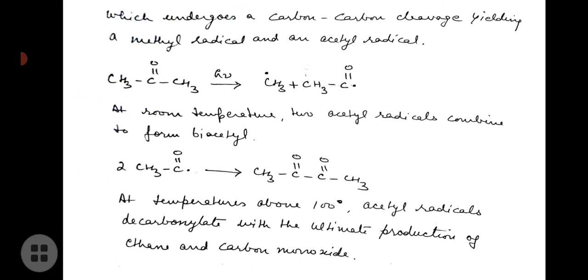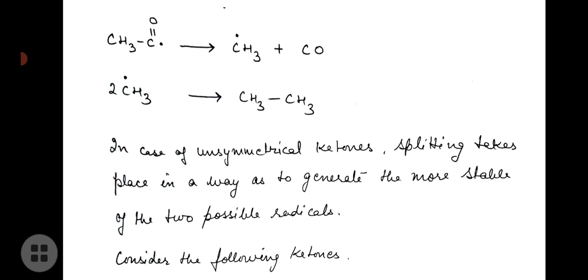At temperatures above 100 degrees, acetyl radicals decarbonylate. Decarbonylate means loss of CO, that is carbon monoxide. So at temperatures above 100, acetyl radicals decarbonylate with the production of ethane and carbon monoxide.